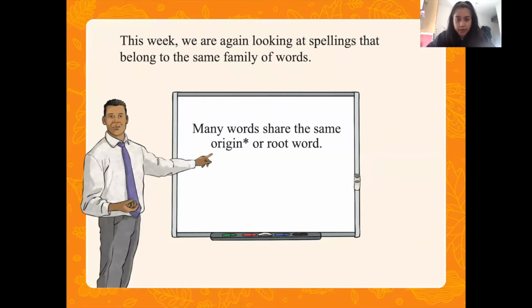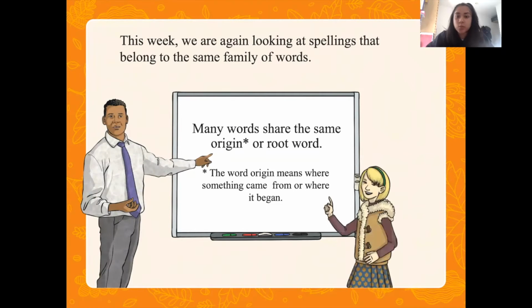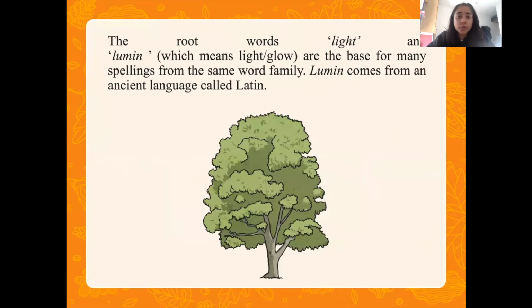Many of the words share the same origin or root word. The word origin means where something came from or where it began. The root words light and lumen, which means light or glow, are the base for many spellings from the same word family. Lumen comes from an ancient language called Latin.